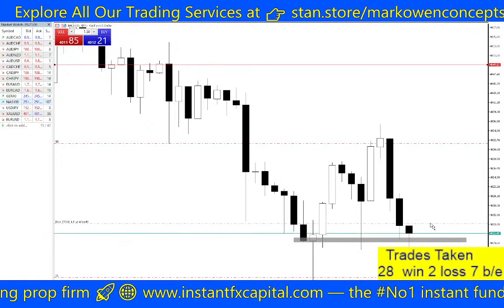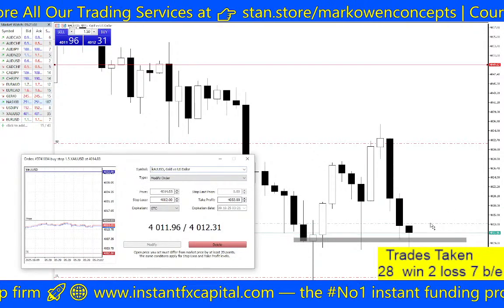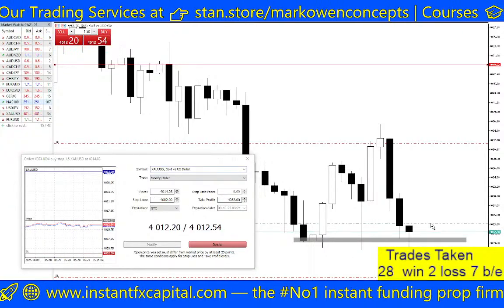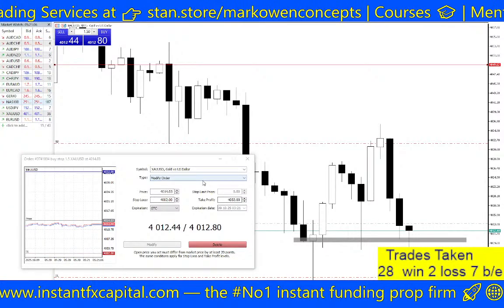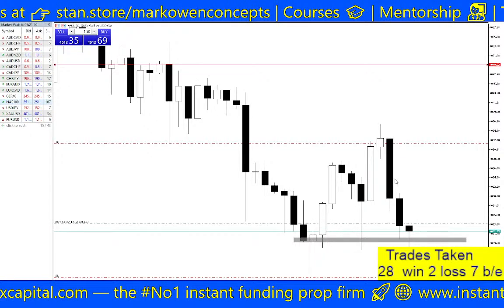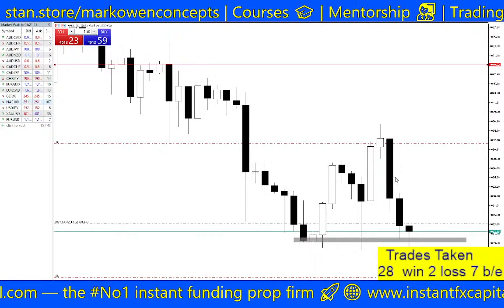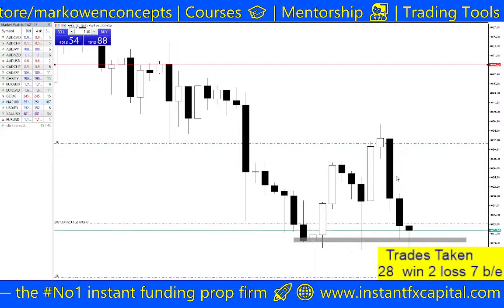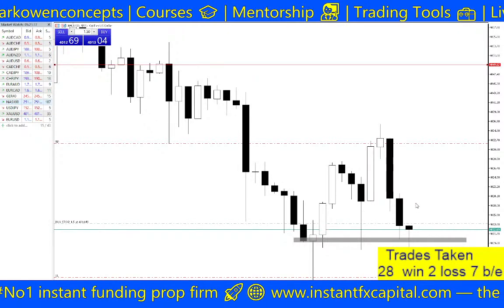So entry price is 40.14 and change. We'll see where it gets entered, if it gets entered.